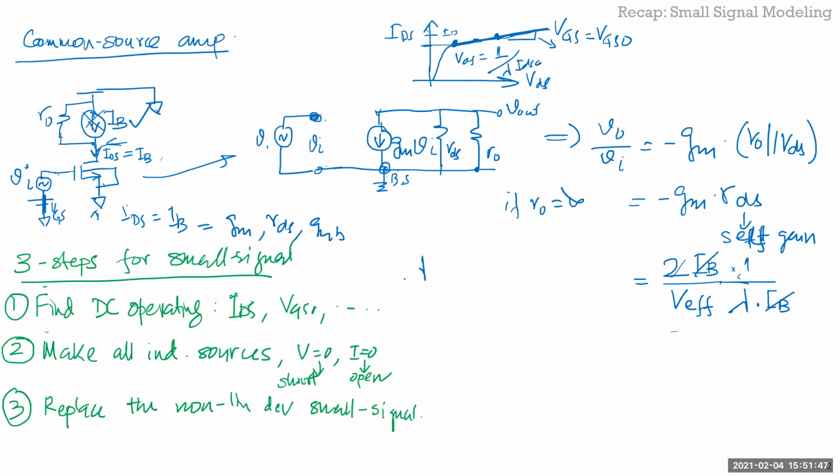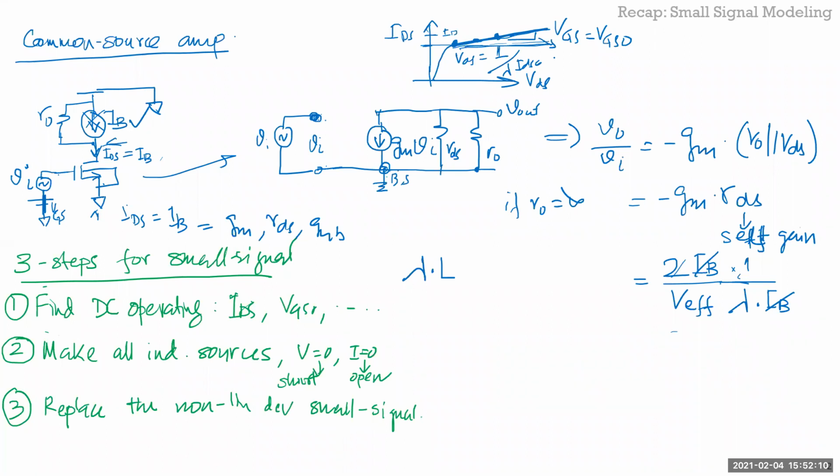And as I said last time, lambda is inversely proportional to length. So lambda becomes smaller if your length is larger, and lambda smaller means your output impedance is higher. A smaller lambda means this slope is getting closer to an ideal current source or an ideal transistor, right?